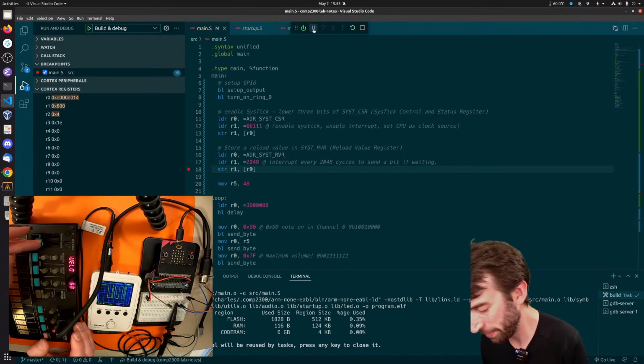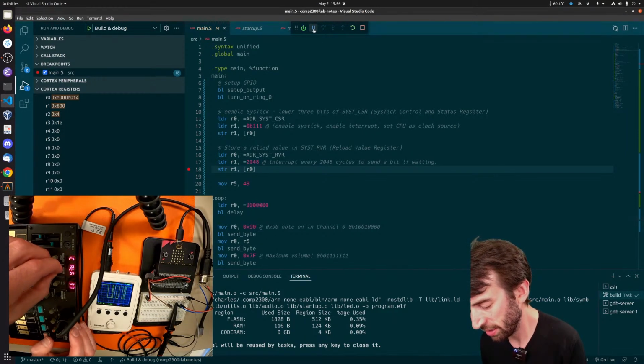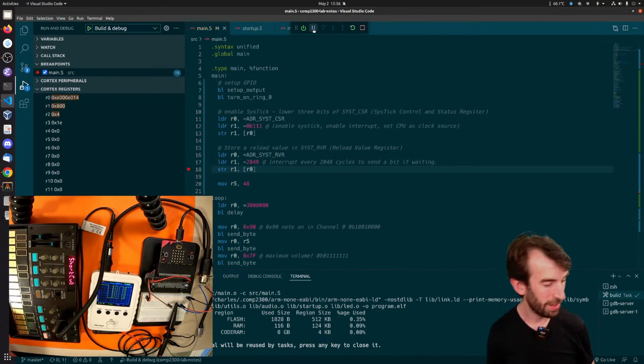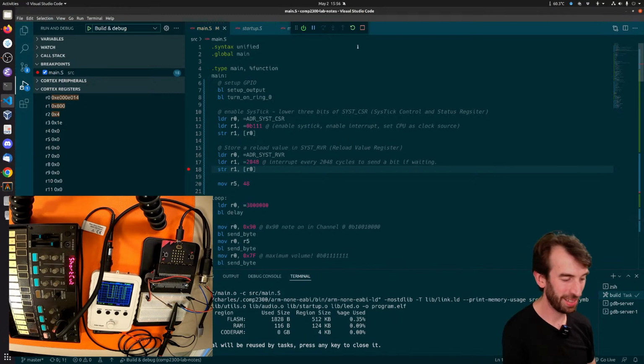Oh, that's a bit better. Anyway, making some music with a micro:bit and a synth.